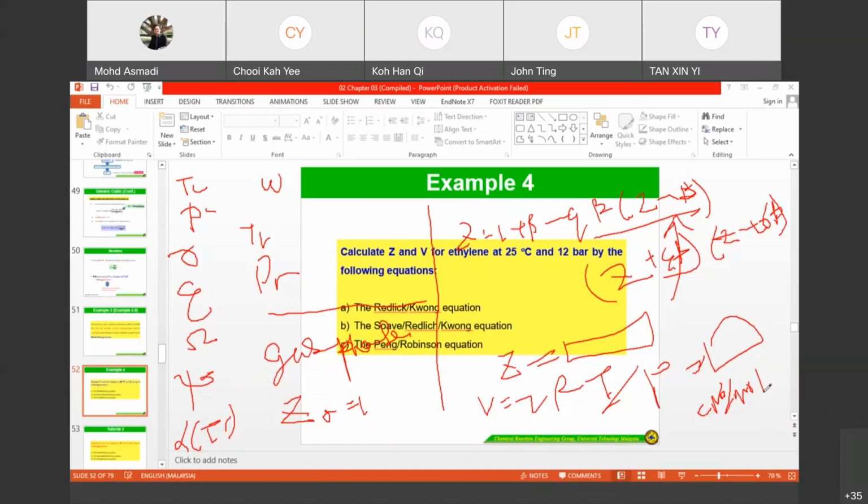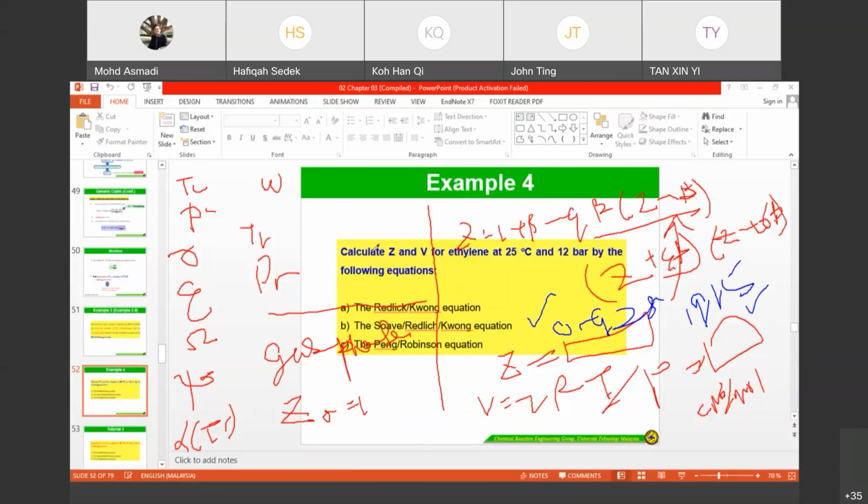Anyone? Afiqah, are you there? Yes, Doctor. I have an answer. Z I got 0.9278, so 0.928, and then for V, 1915.6. Okay, so this is the answer. Okay?